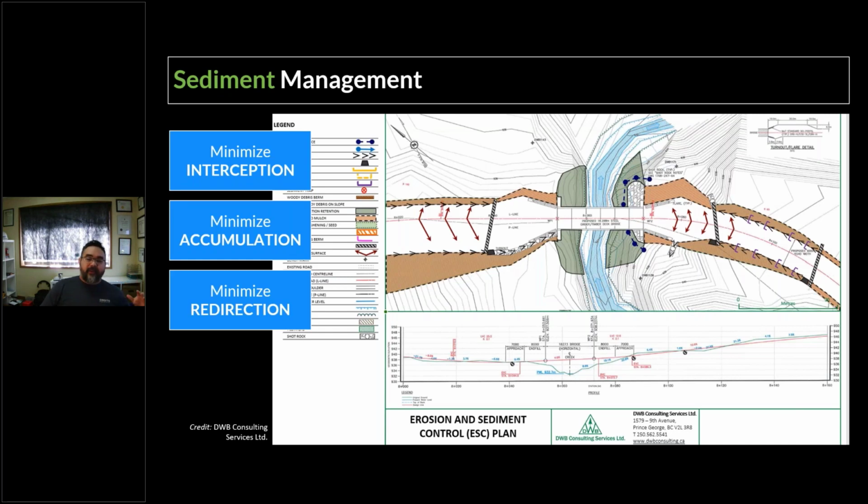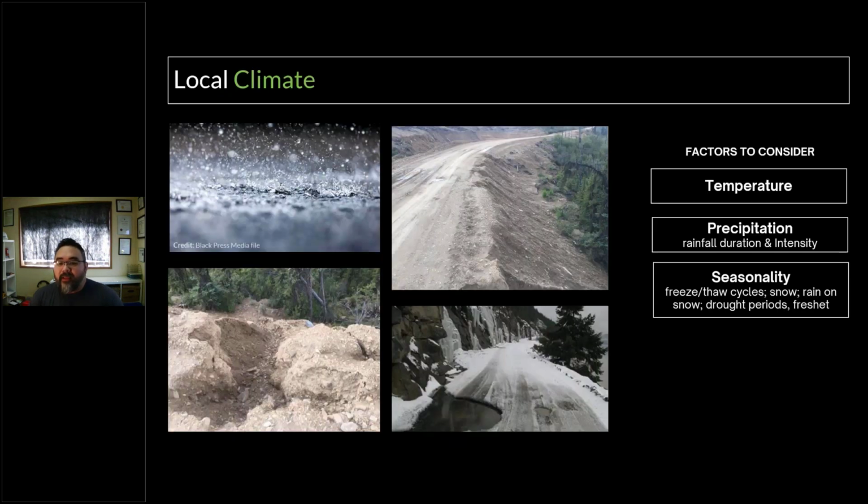So on that, how is all this being impacted? Well, it's impacted by the local climate, and you need to consider the potential vulnerabilities based on that local climate. That's temperature, precipitation, and seasonality. Some of our risks include flood, wildfire, landslides, rock slides, avalanche, and extreme precipitation.